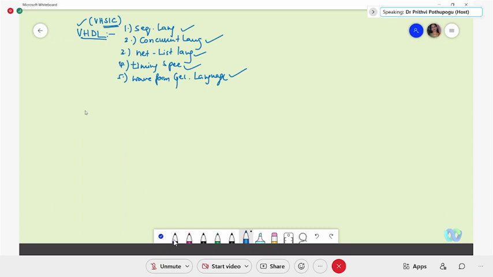All this put together is your VHDL, and this is in the IEEE standard. What is this IEEE standard? A designer designing for his design can be considered into others' designs.